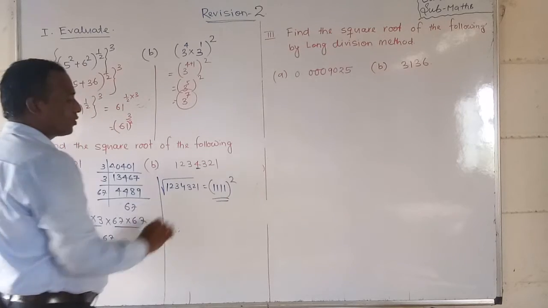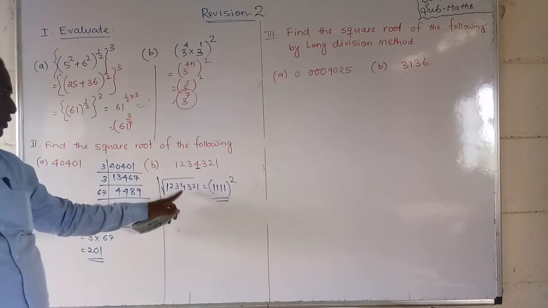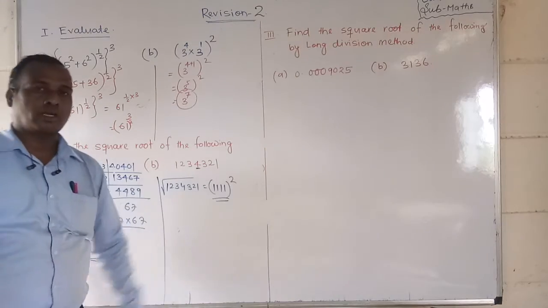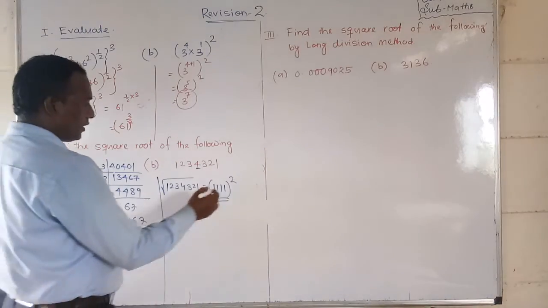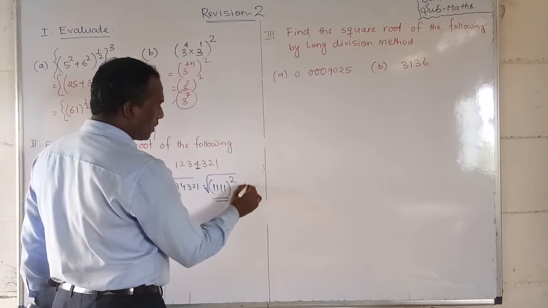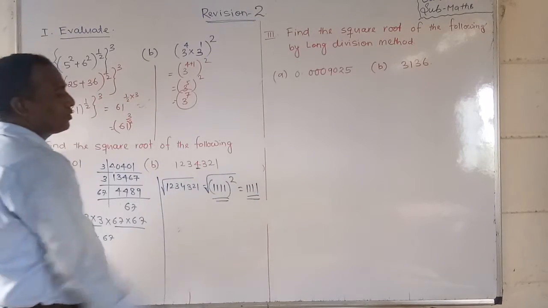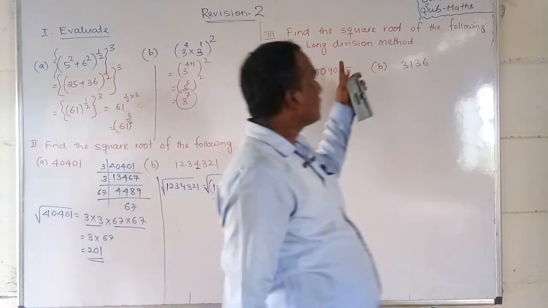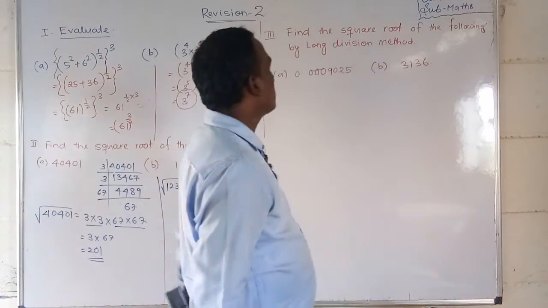Remember, friends, I have already told you in the pattern 1 2 3 4 3 2 1, what is the highest number? 4. That means 4 ones squared. So if we take the root, it is 1111. Okay, friends, now we will do this third bit by using the division method.